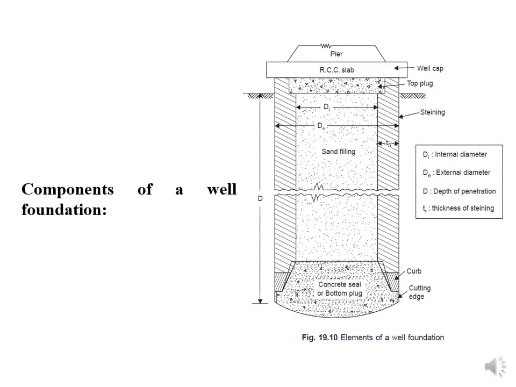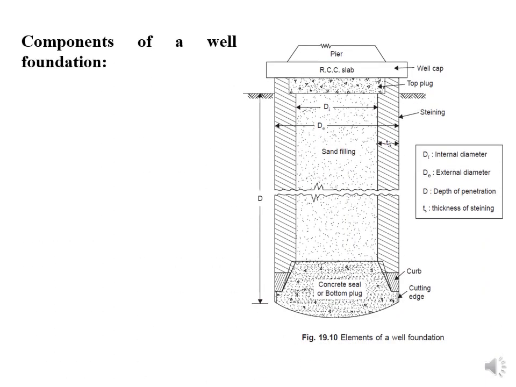So we shall see the components of a well foundation. Definitely, we have to construct the well foundation below the river bed. It is used in water for bridges. You can see this is the river bed.